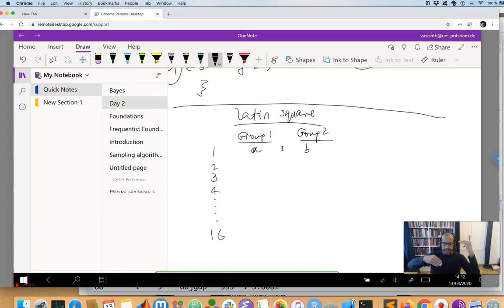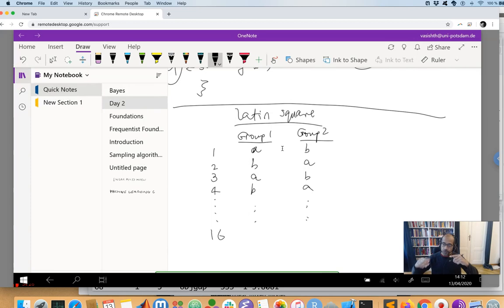So what I do is I take item 1 and I distribute the two versions of item 1 into the two lists. For item 2, I'm going to reverse the ordering of the object and subject relative, so the object relative comes first and the subject relative second. Then for the third item, I'm going to write AB. For the fourth item, I'm going to write BA, and so on. I keep doing this for the 16 items.